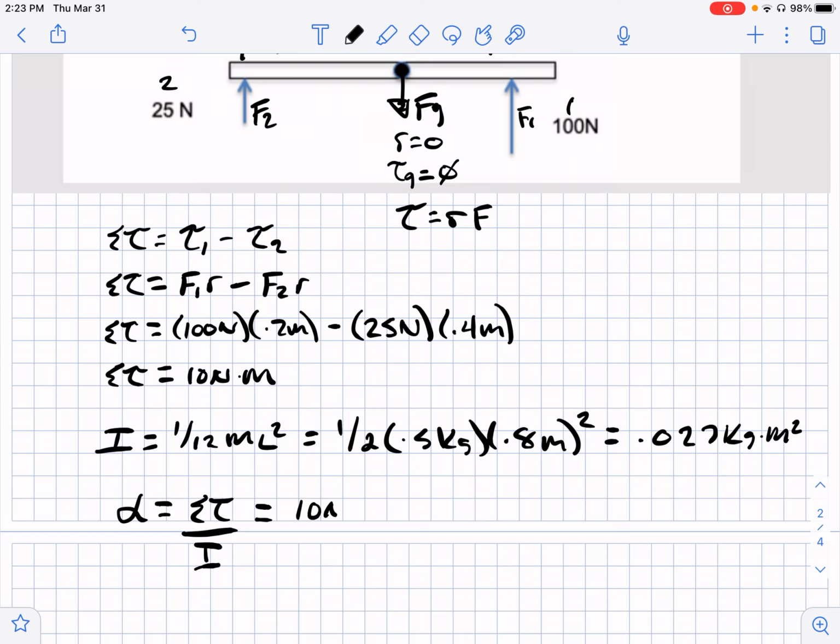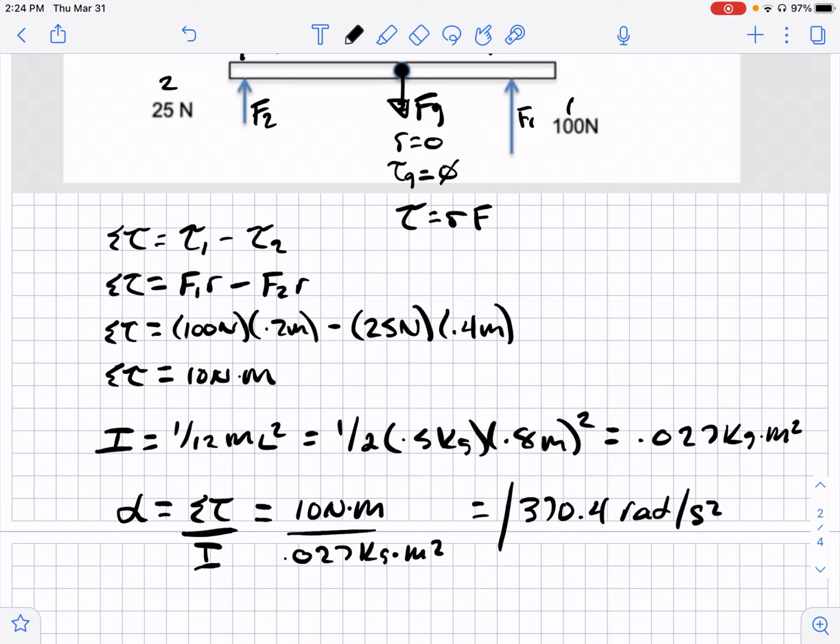We have 10 Newton meters divided by 0.027 kilograms times meters squared. And we end up with about 370.4 radians per second squared. So there's my angular acceleration for this object here.